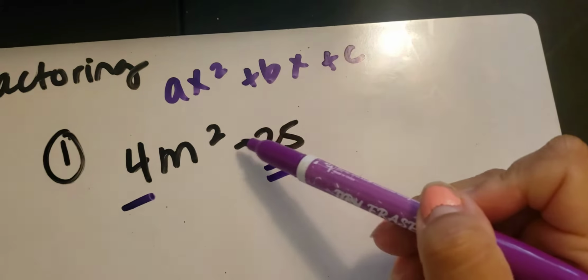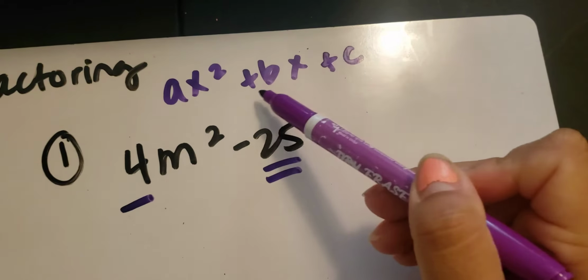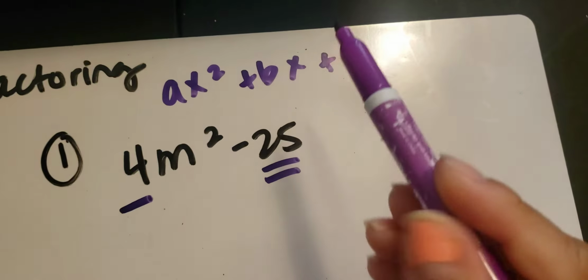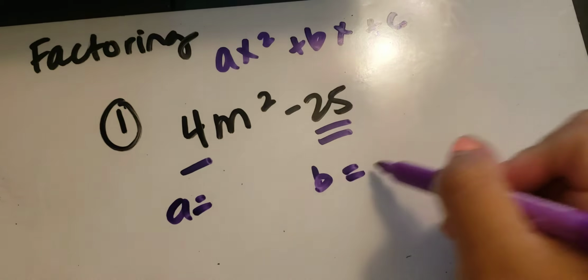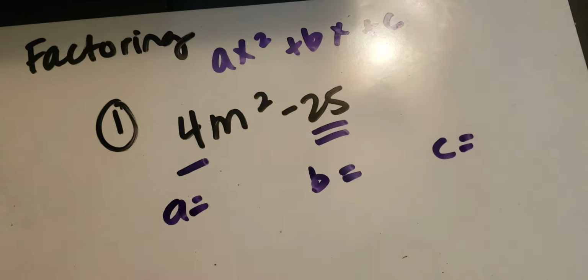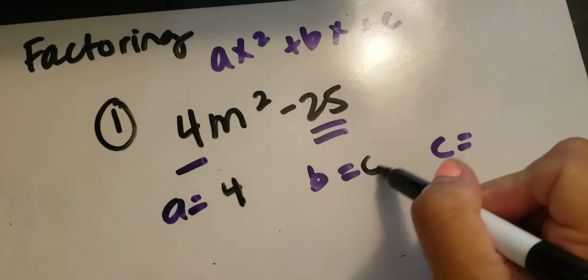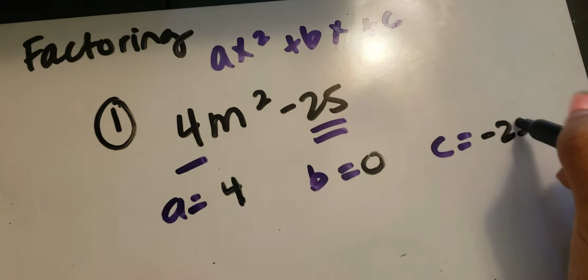But what you notice is there's no middle term. We're missing the bx. So if I identify my a, my b, and my c coefficient, we have 4, 0, and negative 25.